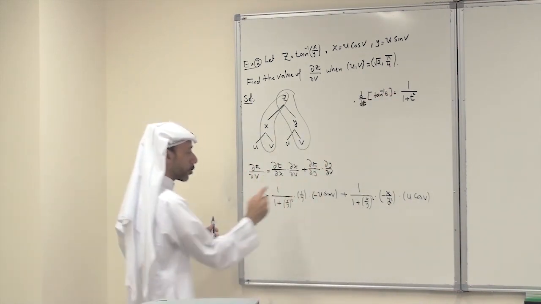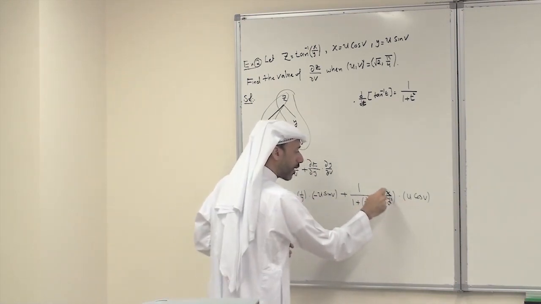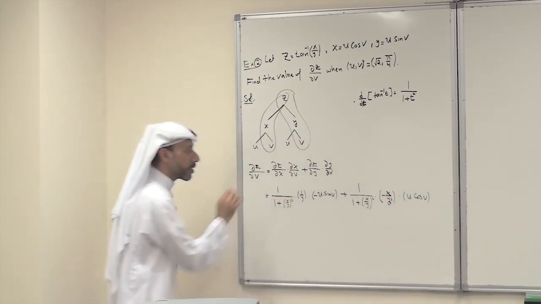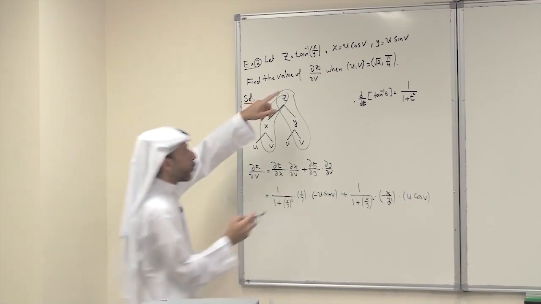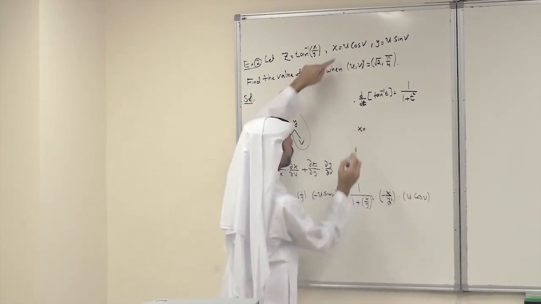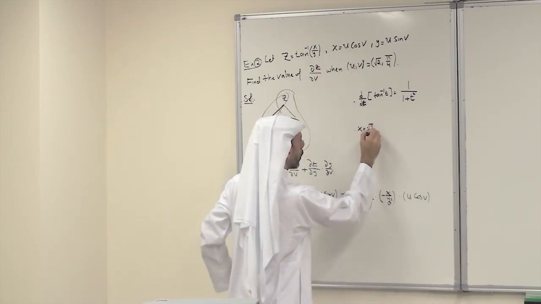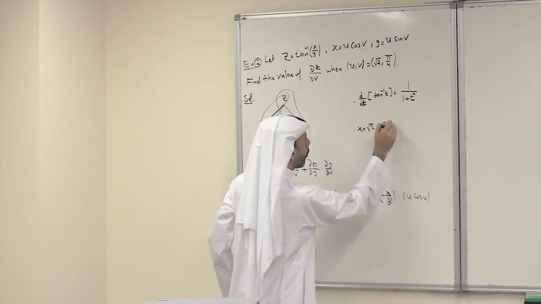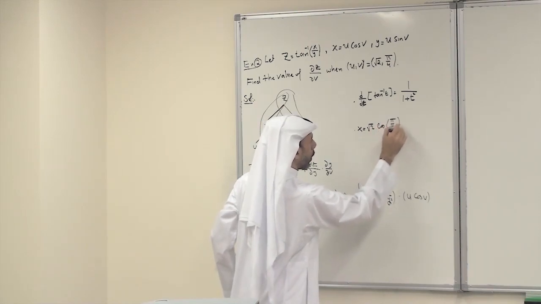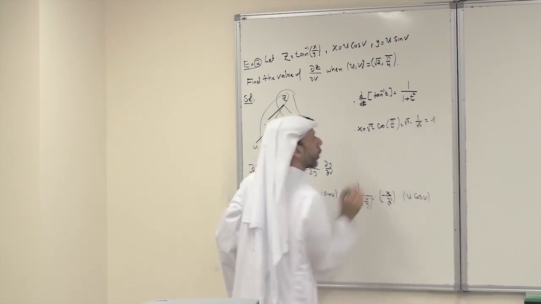I need to substitute U and V as given, find X and Y, and then substitute. From the formula for X, X equals U cosine V, so it is root 2 times cosine pi over 4, which is root 2 times 1 over root 2, and this is just 1.